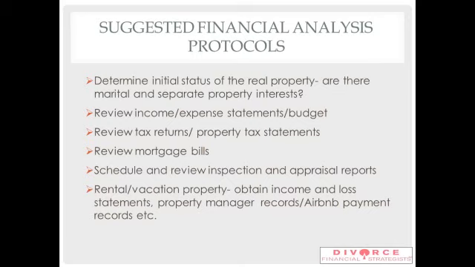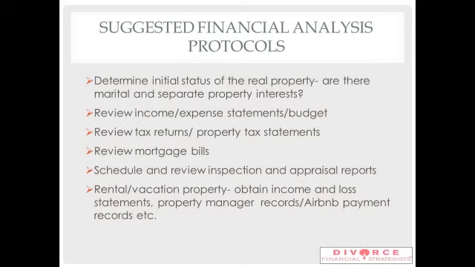I've mentioned having a property or properties. Today, a lot of people do have rental properties, maybe properties they had before they got married, or other investment properties. If this is the case, you want to make sure that you're identifying those and obtaining the income and loss statements.